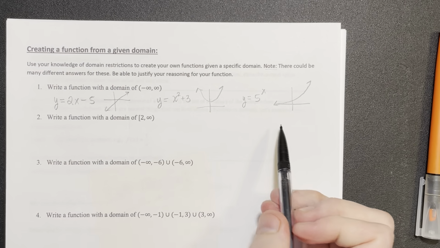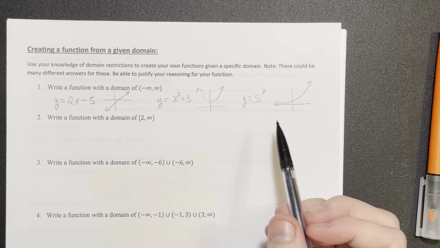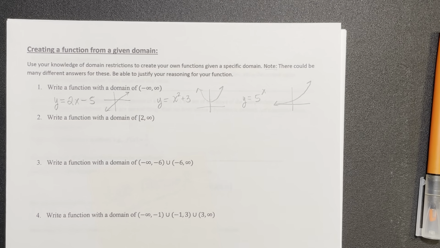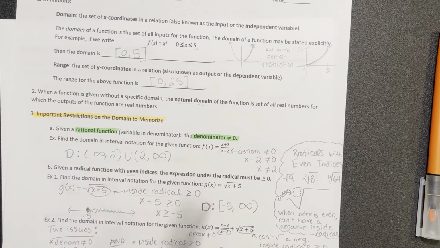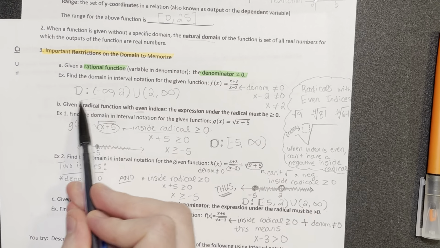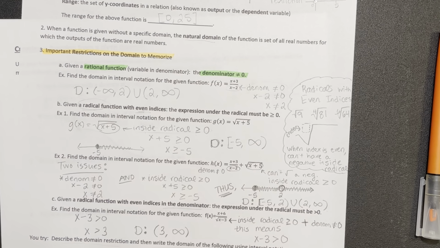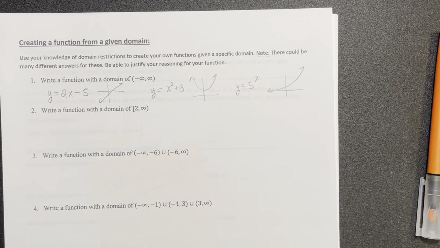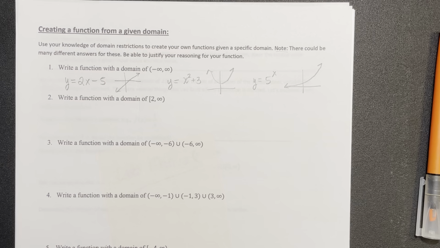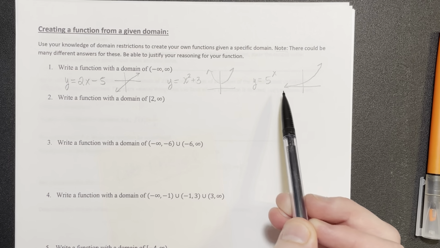As long as whatever you chose doesn't have a restriction, then you're fine. But our restrictions, if we remember, came from a rational function or a radical function with an even index. And those are the two main restrictions that we are looking at. There are other restrictions in different types of functions, but so far this is what we're focused on.